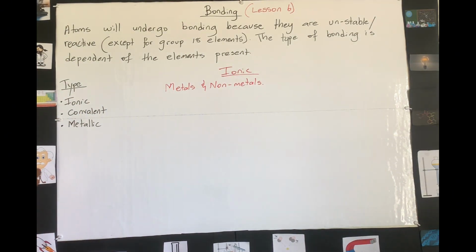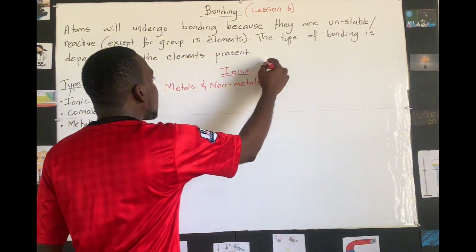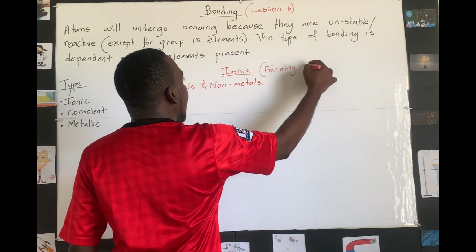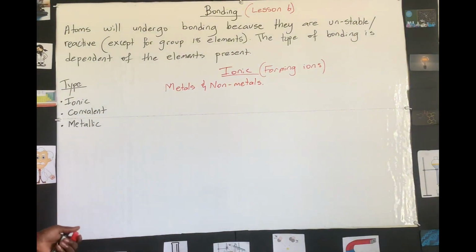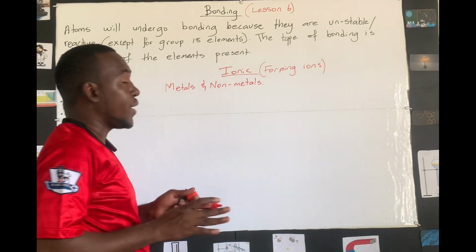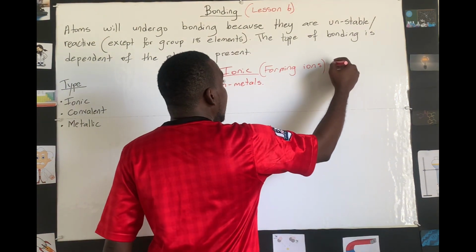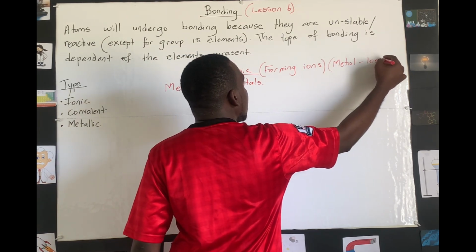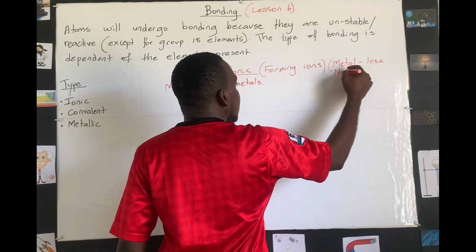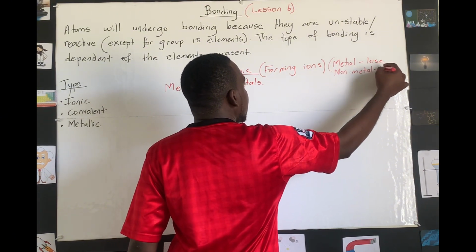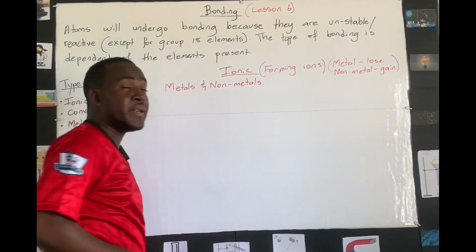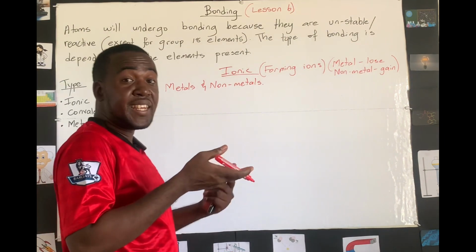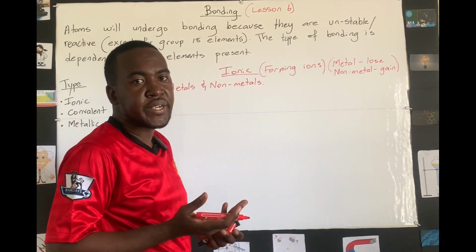The reason why it's called ionic bonding is because it requires forming ions. And ions are charged particles, or charged atoms. The reason why they are charged is because the metal loses electrons and the non-metals gain electrons. So because metals lose electrons, they now have a charge. When non-metals gain electrons, they now have a specific charge as well.